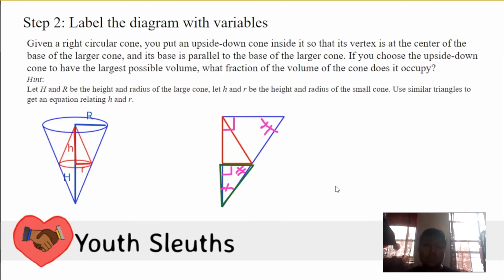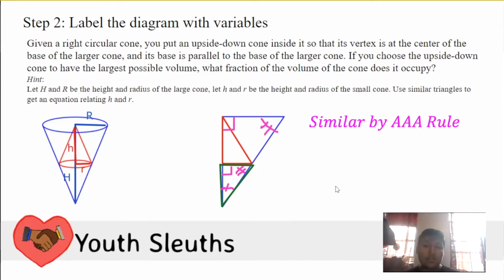So using the AAA rule, we just proved that the green triangle and the blue triangle are similar, but not congruent.